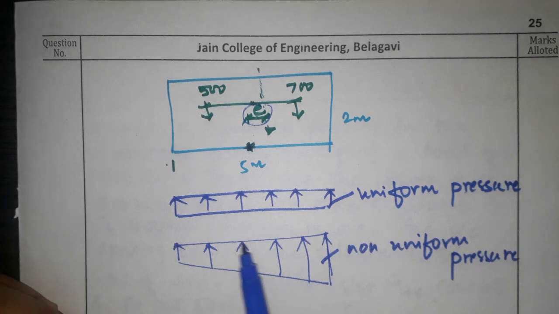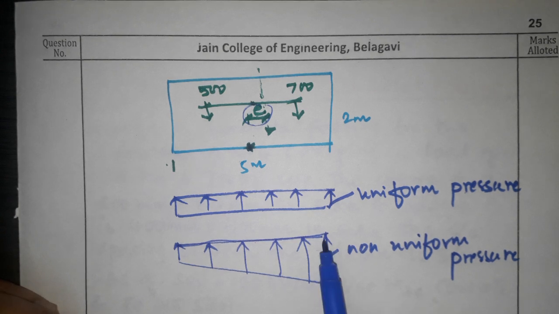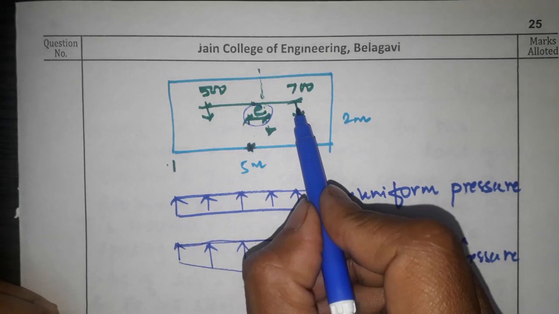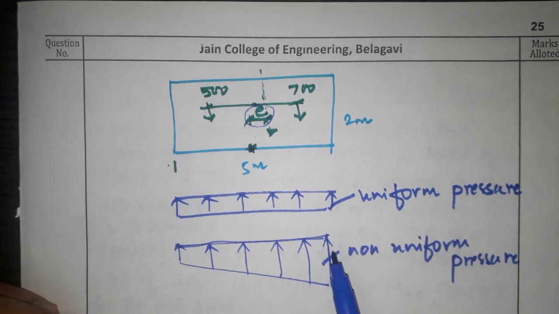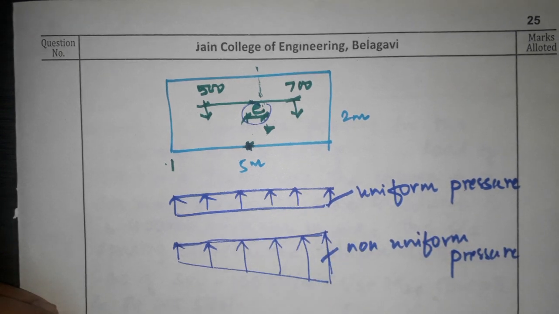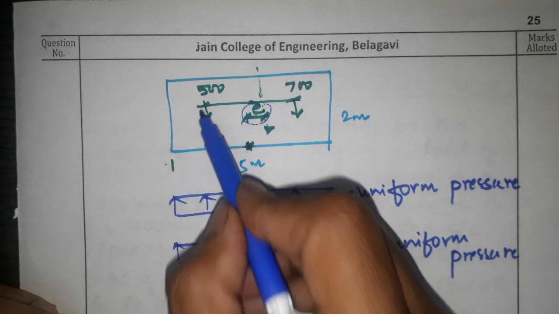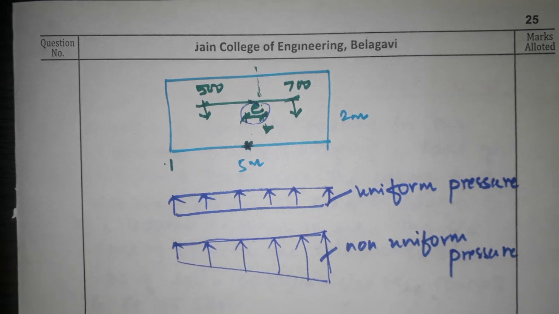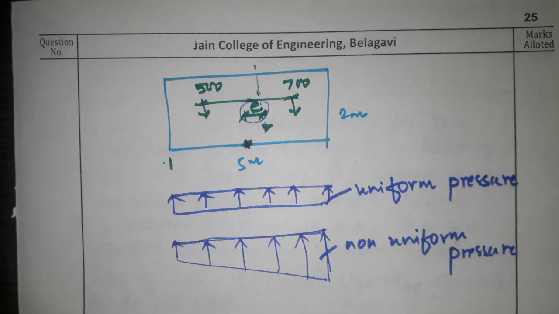So what will happen if this pressure is not uniform? Here the pressure is more because the load is more under column B, so the soil will develop more pressure. Here the pressure is less, so it will develop less pressure. For further calculation, it will create unnecessary difficulties, and the number of calculations will be more.